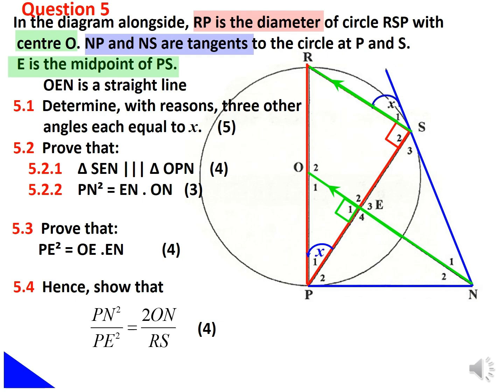The angle at point P is equal to 90 degrees because the radius is perpendicular to the tangent. Now it goes even further. The angle at P is 90, and we have established P1 to be x. Therefore, we can say that P2 is 90 minus x. Look at angle S3. The lines PN and PS are tangents.